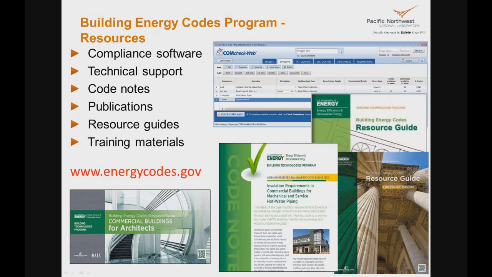This is all free material. Take it, use it, customize it to your liking. Those materials are available for all the main baseline codes for ASHRAE and IECC. And if you're not a trainer, it's good information to go take a look and see what's actually in all the codes, because it has every code section in there and some speaker notes as well. That's all available on energycodes.gov. There's more information, so if you haven't played around with the website, it's a good time to do it.